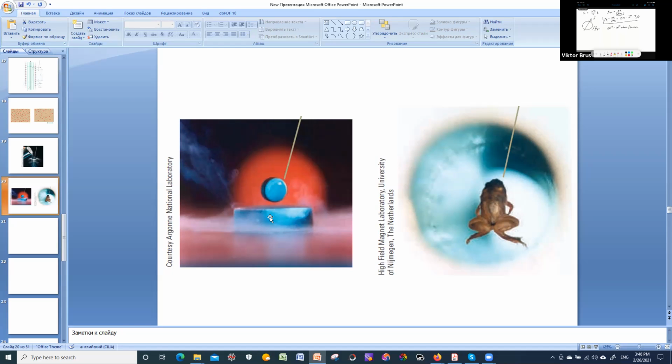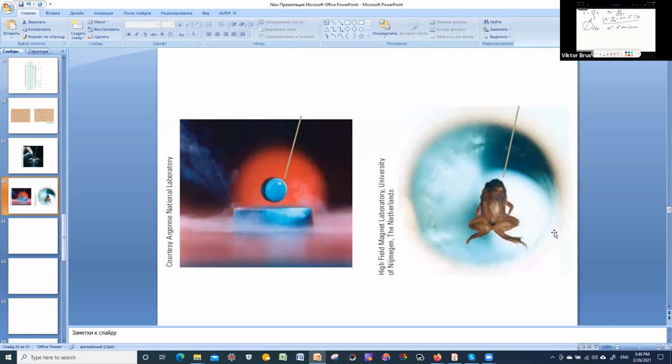Similar levitation experiments can be done not only with superconductors, but also with other diamagnetic materials.